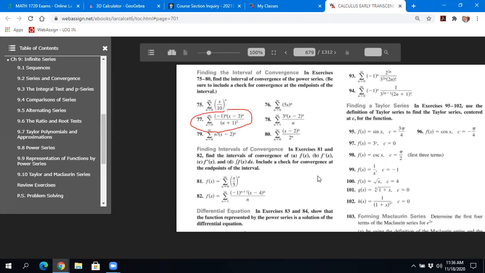Well, here we have a_n equal to (-1)^n (x-2)^n over (n+1)^2. Okay. What do you think is going to be most useful? Ratio or root or what?